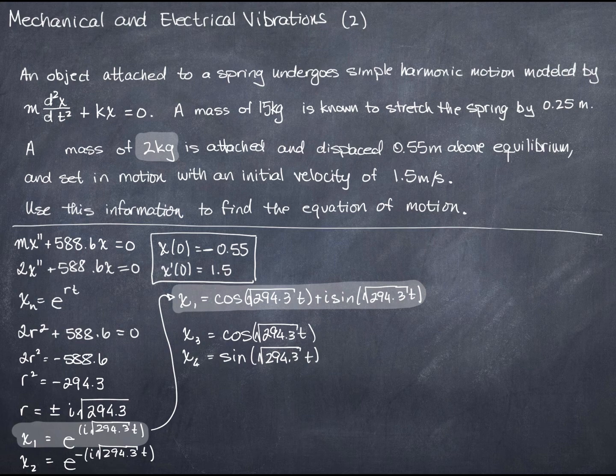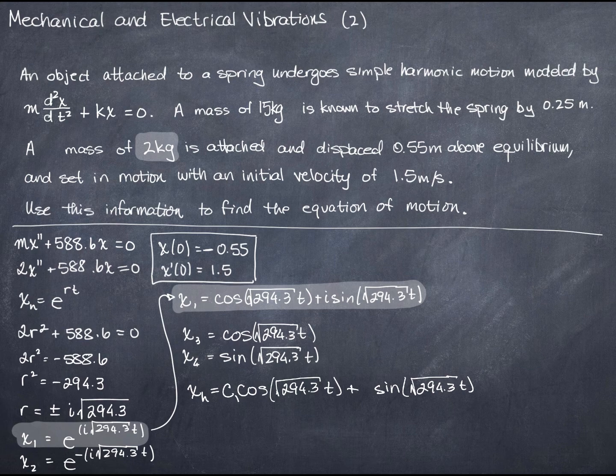Now, if I have two solutions to a second order homogeneous differential equation, then I can write the general solution to the homogeneous equation as C1 cosine, oops, I forgot my square root, square root of 294.3 t plus, I think you'll notice I'm leaving some room here, C2 sine square root of 294.3 t as a linear combination of those, right?